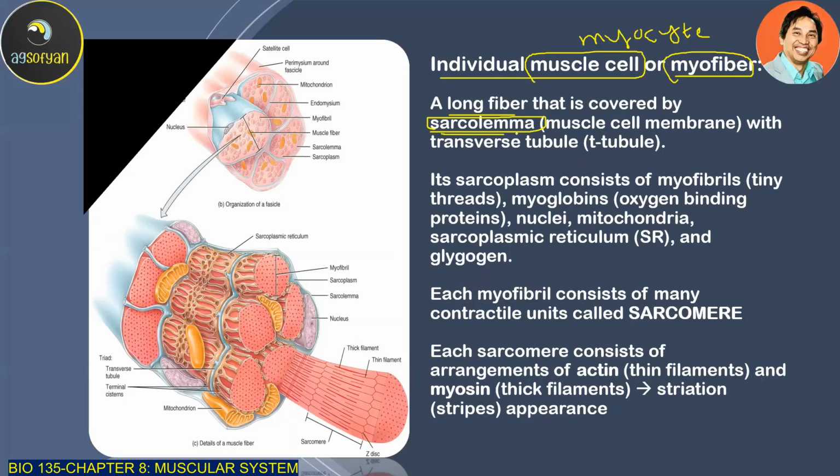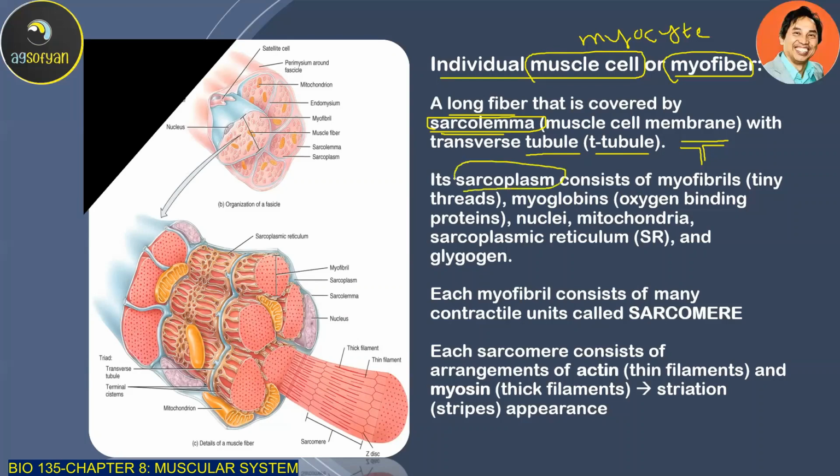And this sarcolemma is actually a double layer that will make a tube, and this tube goes down into the cytoplasm. It looks like a letter T, so it's called the T tubule. The cytoplasm of the muscle cell also has a special name.